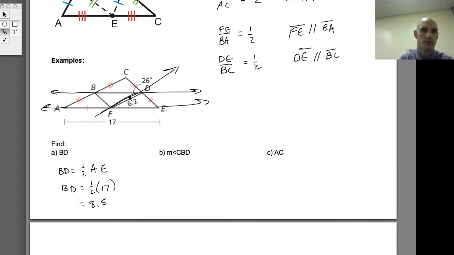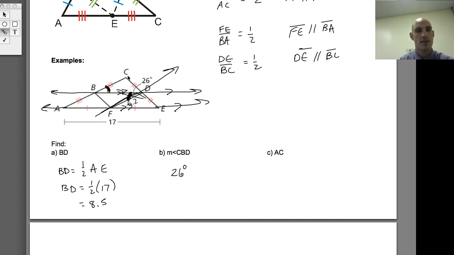If this angle is 26, what I'm really dealing with is pairs of parallel lines. These are parallel, these are parallel, and so these angles are alternate interior angles. So this is going to be 26 degrees as well.